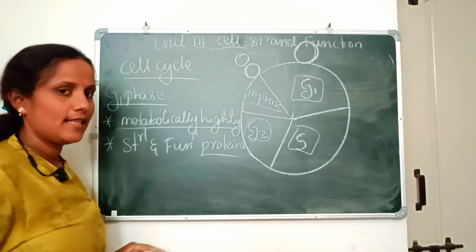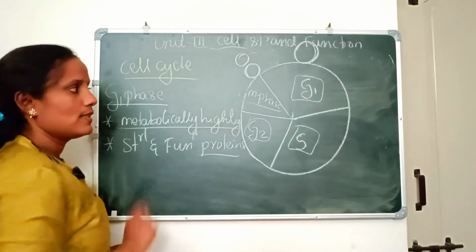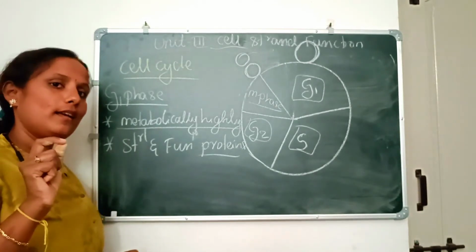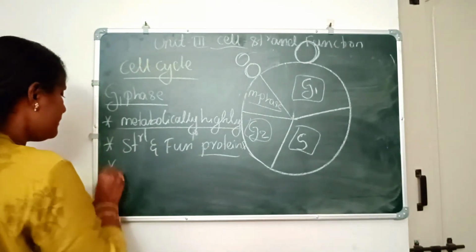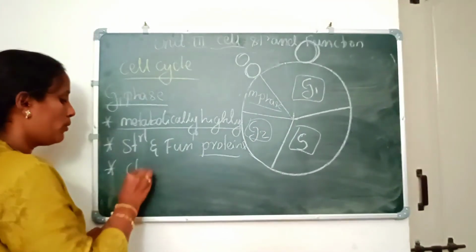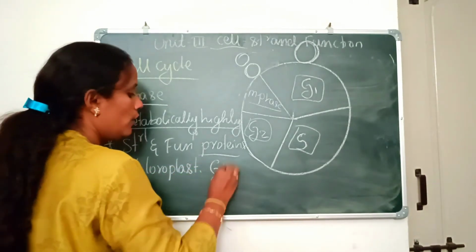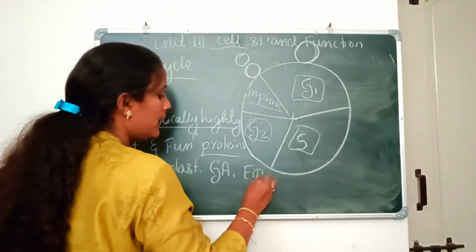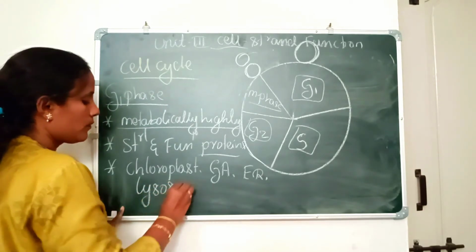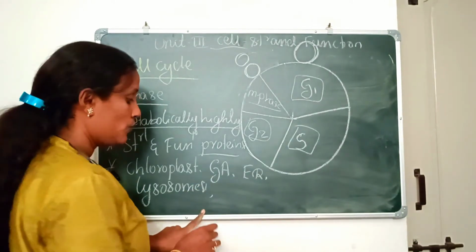That is, in M phase, there is a requirement of some structural and functional proteins, and those are synthesized in the G1 phase. And the cell organelles like chloroplast, Golgi apparatus, endoplasmic reticulum, lysosomes, and the different types of RNAs.